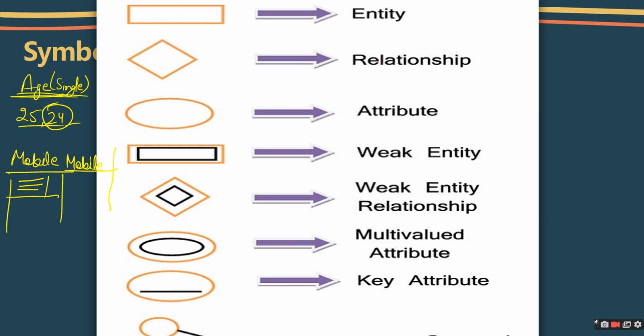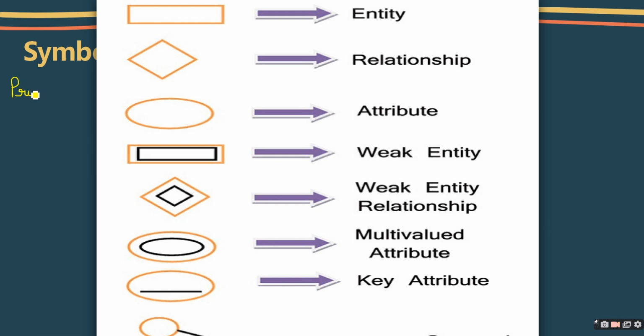Okay. Now key attribute. We are going to discuss the primary key. A primary key is basically a value which is used to uniquely identify each row. We have taken the example of a student, so their roll number will be unique for each and every student, right? We have seen this in our previous example. So roll number will be termed a key attribute, and this is denoted by a circle with a line inside it.